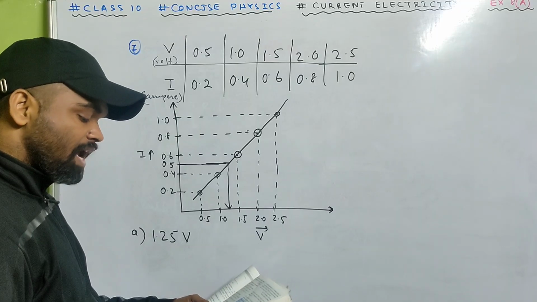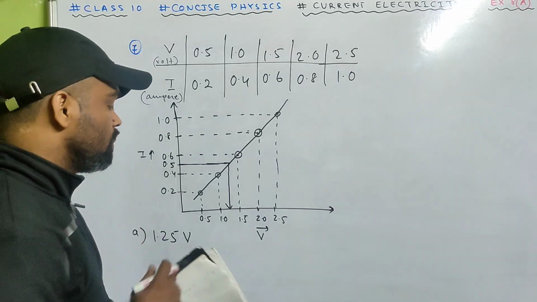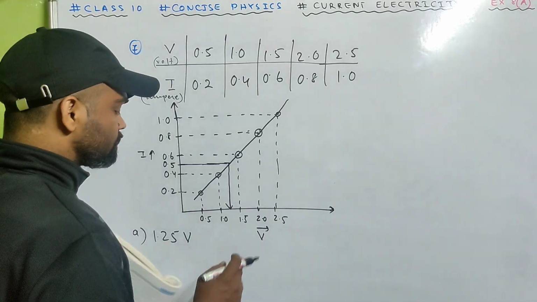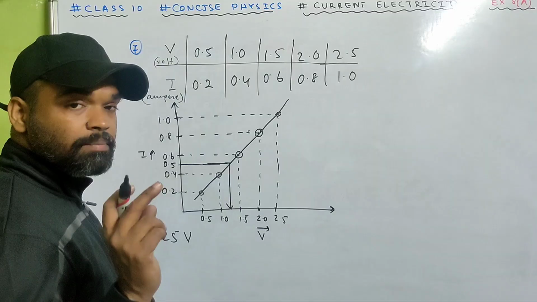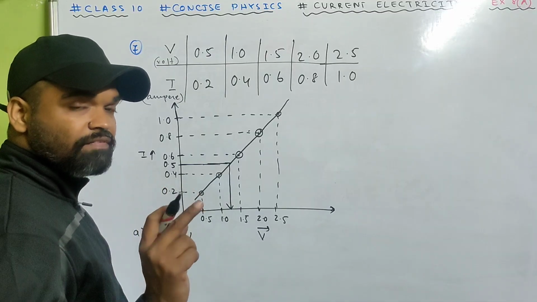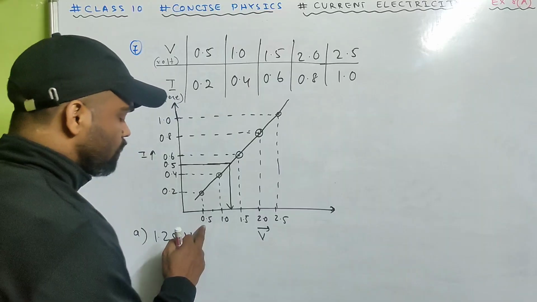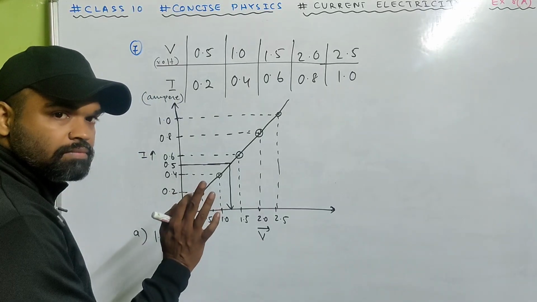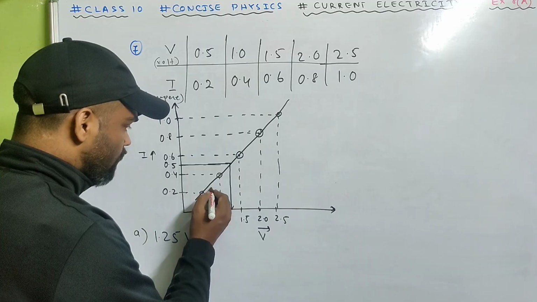Now the current I, when the potential difference V is 0.75 volt. Yeah, when the potential difference is 0.75, what is the current? 0.75 is between 0.5 and 1, isn't it? So we'll draw a line parallel to the y-axis.